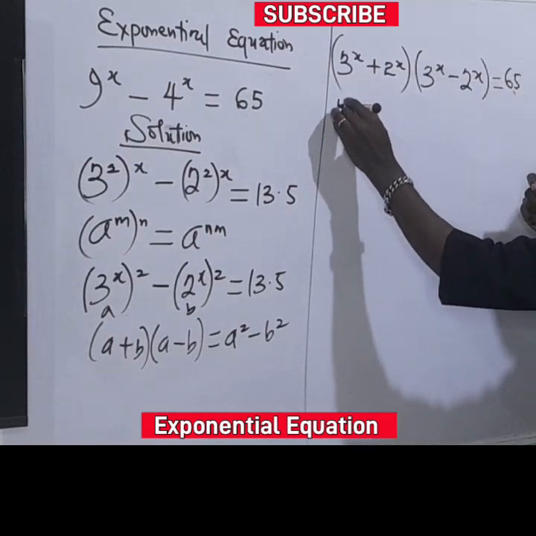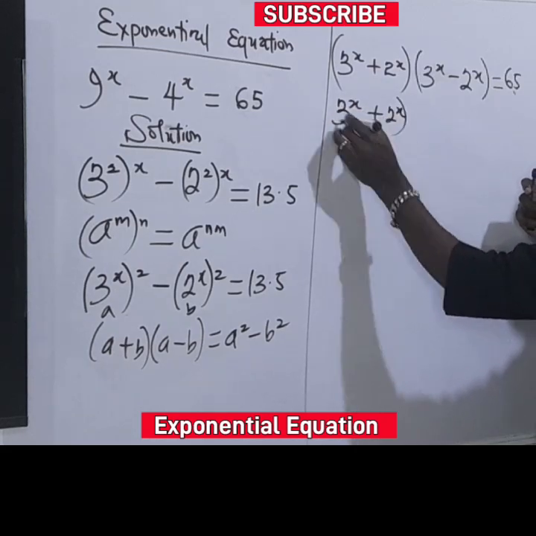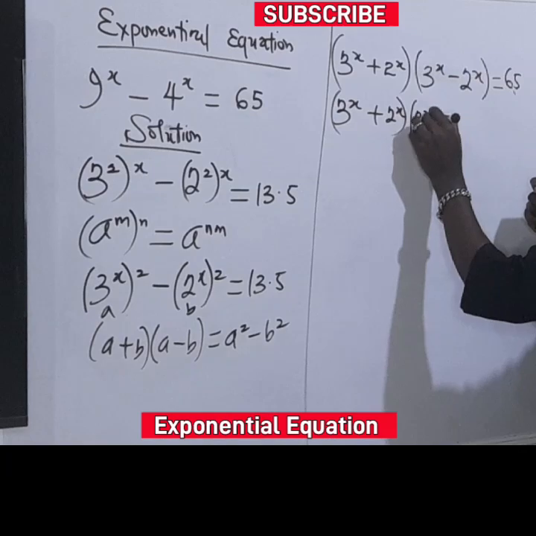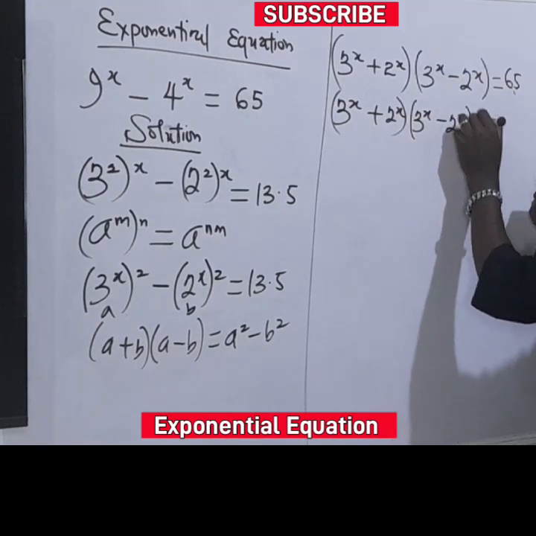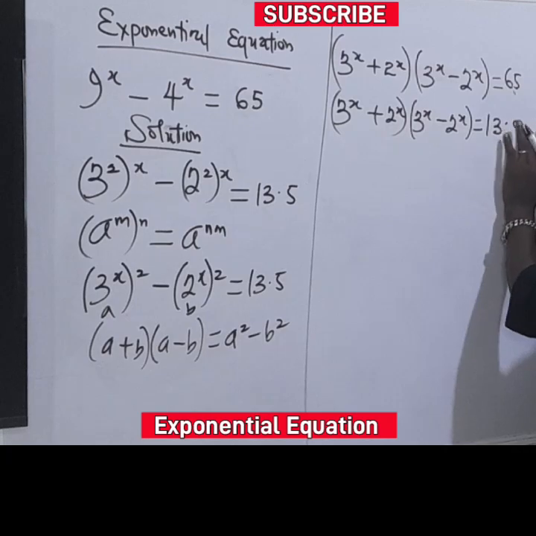Then we can have it as 3 raised by s plus 2 raised by s into 3 raised by s minus 2 raised by s equal to 13 times 5.